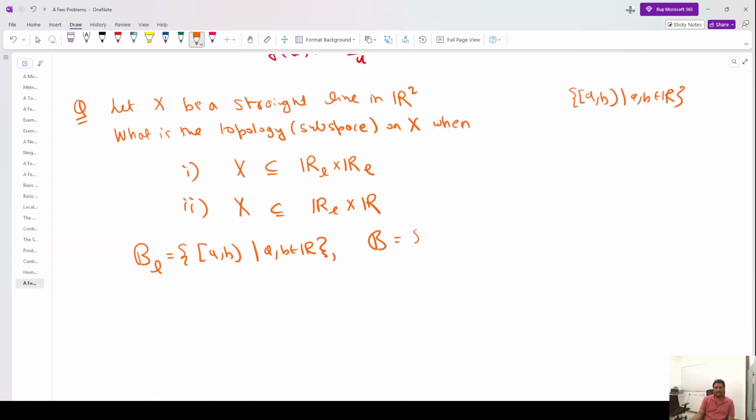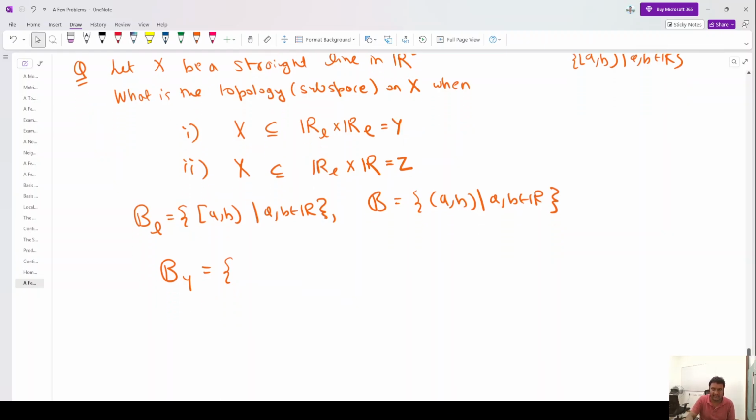A comma B. So when you have a finite product, the basis for this product space, let us call this Y, will be the product of the individual basis elements, because we have shown that product topology is the same as the box topology when your family is finite.